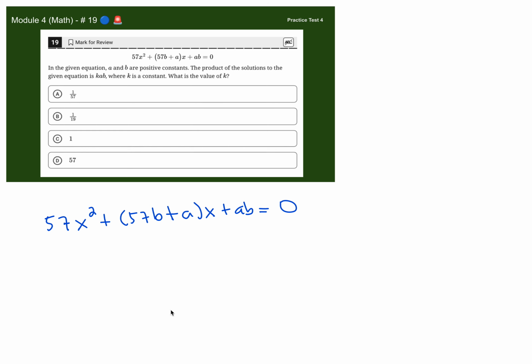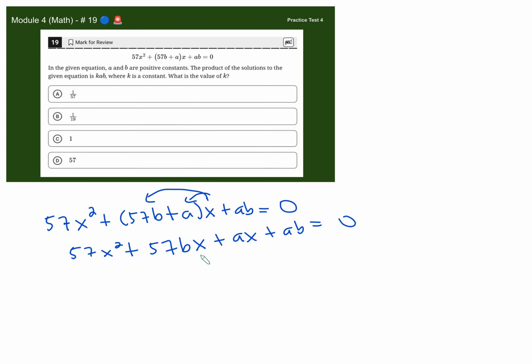All right. So we're going to go ahead and just FOIL this open, or distribute this open. So we're going to get 57x squared plus 57bx plus ax plus ab equals 0. Okay, then we're going to put together the alike terms, and they're right together actually.